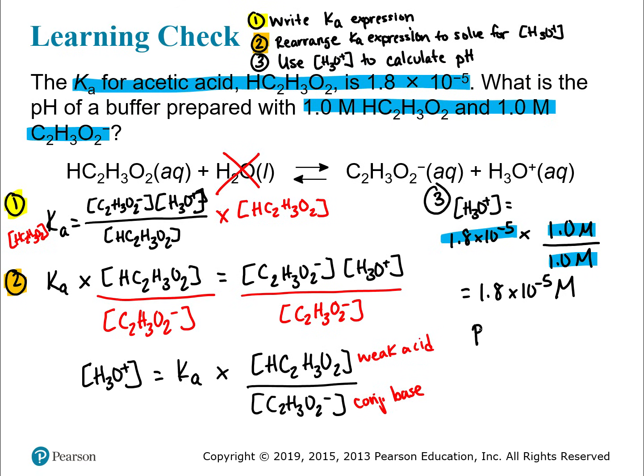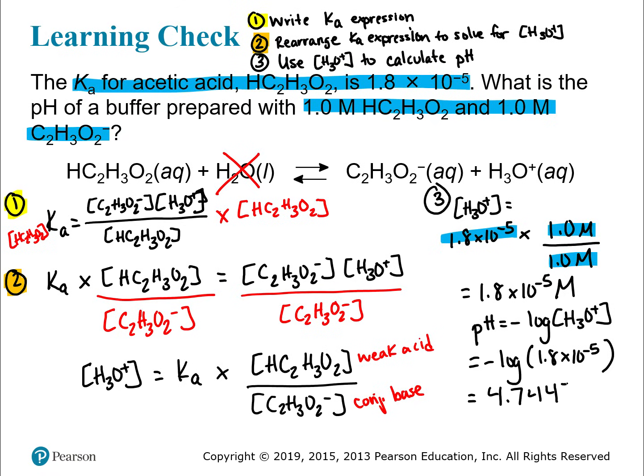Now we'll carry on. pH is equal to the negative log of the hydronium concentration, so we put that in there. Don't forget that negative sign. Your calculator will tell you this answer.